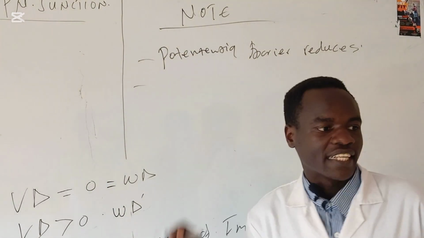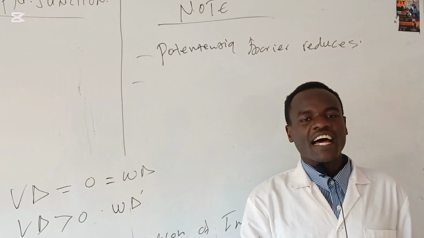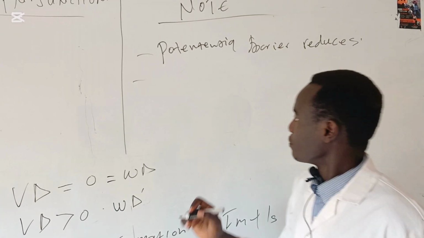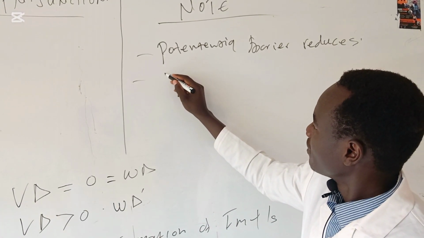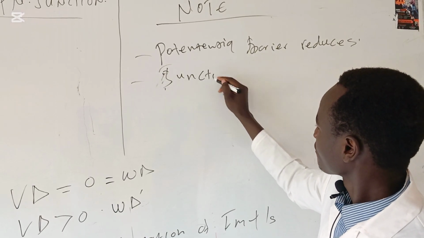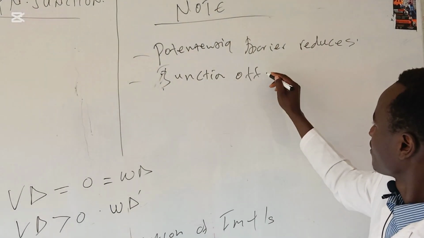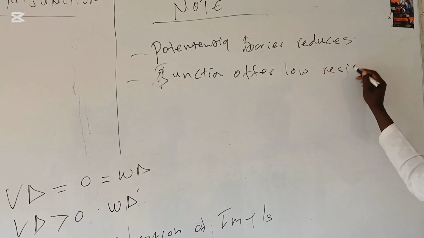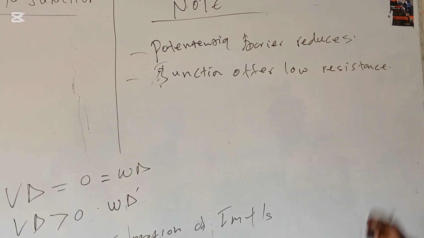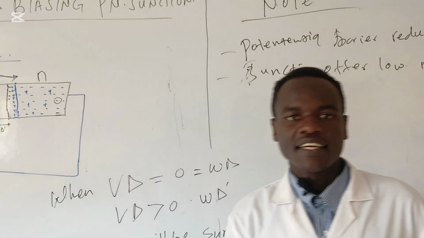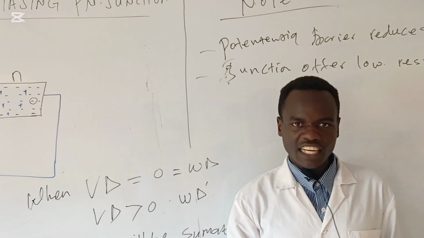We also note that the junction offers low resistance to the forward current. It offers low resistance because we have forward biased the p-n junction.